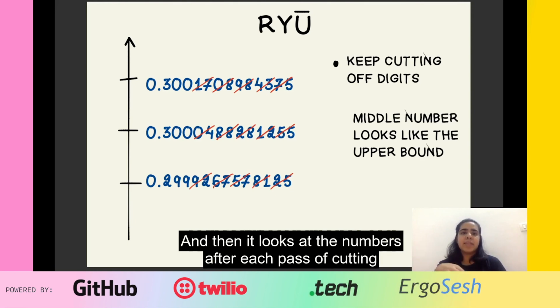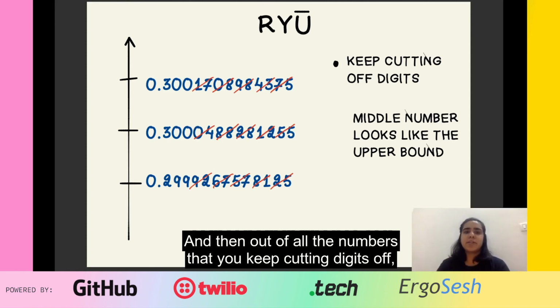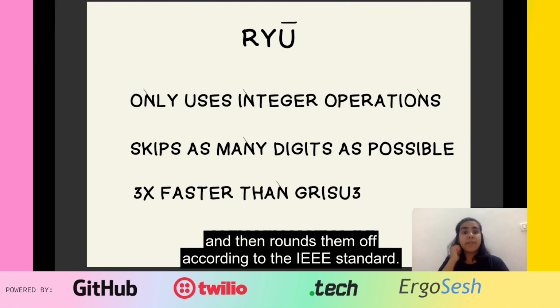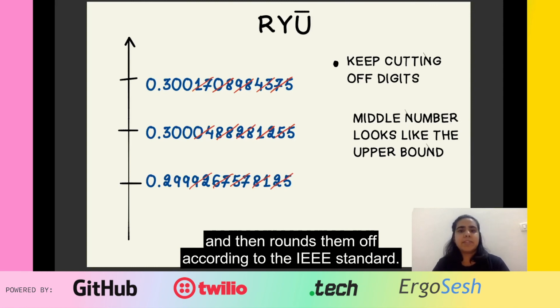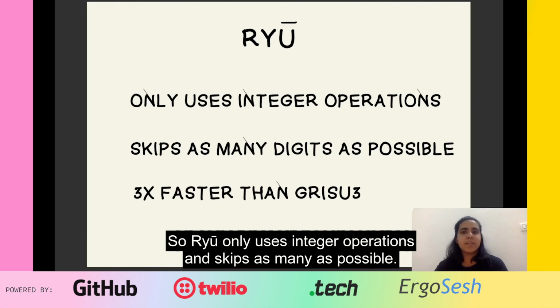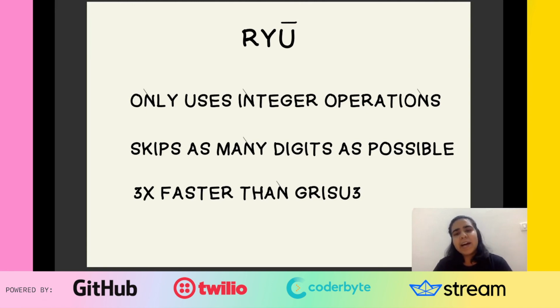Then it looks at the numbers after each pass of cutting to see, is this the shortest number that you can have? Then, out of all the numbers that you are cutting digits off, it finds which number looks like the upper bound, and then rounds them off according to the IEEE standard, and that's the result. So Ryu only uses integer operations, and it skips as many digits as possible, and it's three times faster than Grisu3, which is so cool.